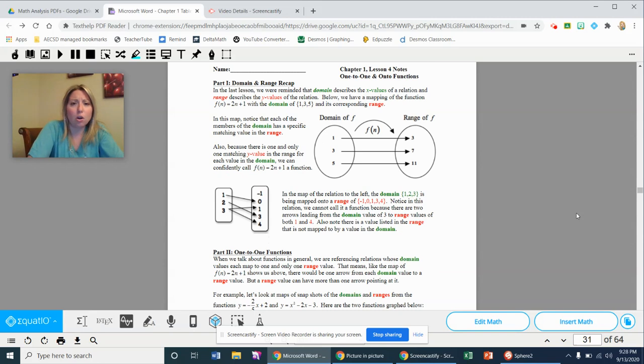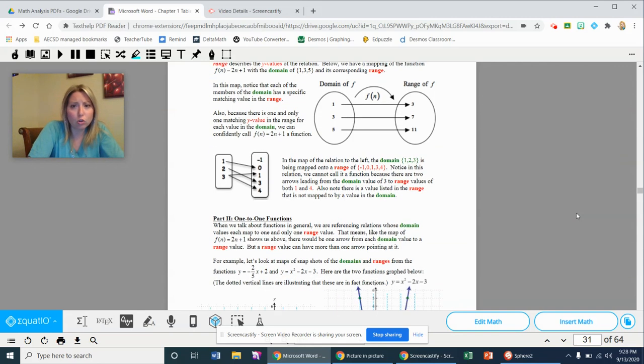Alrighty. So lesson 4, quick domain and range recap, right? The domain is the X values being used. The range is the Y values being used. So if you're looking at this as a mapping form of domain and range, this is a function because there's only one line coming off each of the X values. So I can tell already that this is a function.